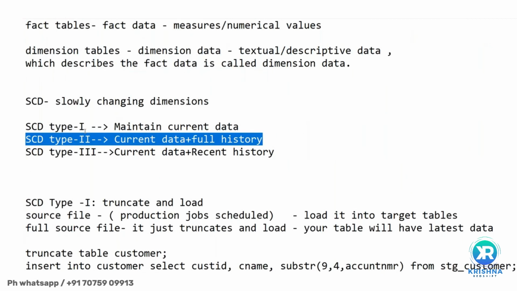One question: what is the definition of current here? Current means today's data, the latest data. For example, you joined as an associate engineer. After 1 year, you were made a system engineer. From that date, that becomes the latest record.